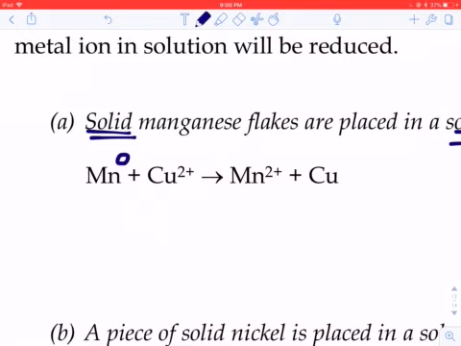Manganese, when it's part of an ionic compound, this manganese is really part of manganese sulfate. Ionic compounds have cations and anions. They have a positive part and they have a negative part. Elements do not have charges when they're all by themselves.